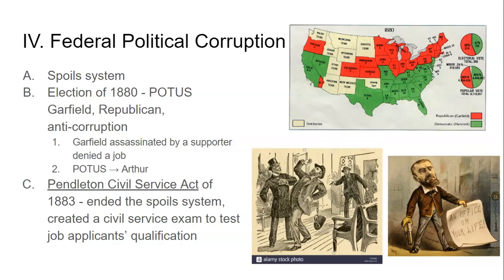And so this just opens the door for ineffectiveness in the government as well as more corruption. So by the 1880s, government corruption is definitely something that political parties are trying to put on their platform, saying we're against corruption, we're going to end the spoils system. It causes our government to be corrupt and ineffective and slow, so we need to end it.